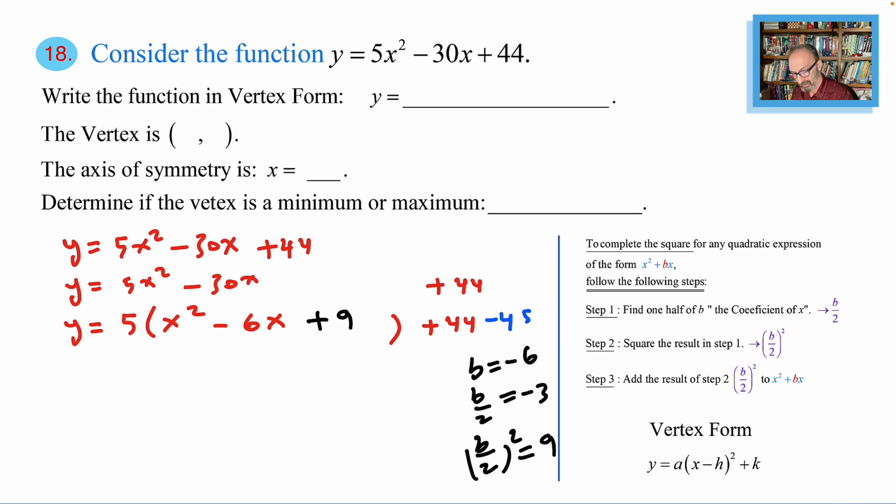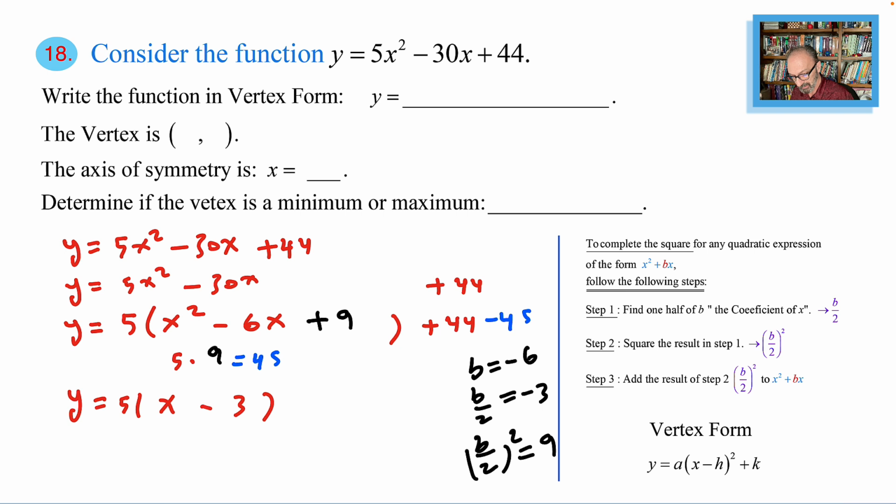Okay? To make sure that you see it, this is a 5 times 9, which is a 45. That's why I need to subtract 45 from the right side. y equal 5 times, that's a perfect square, because a squared minus 2ab plus b squared will take me to a minus b to the second. x squared comes down to x, and 9 comes down to 3.